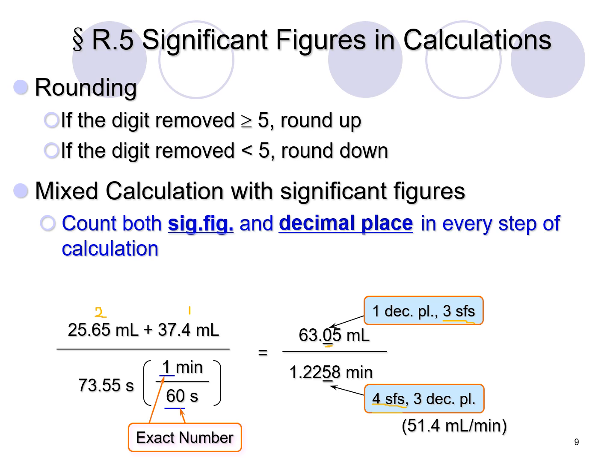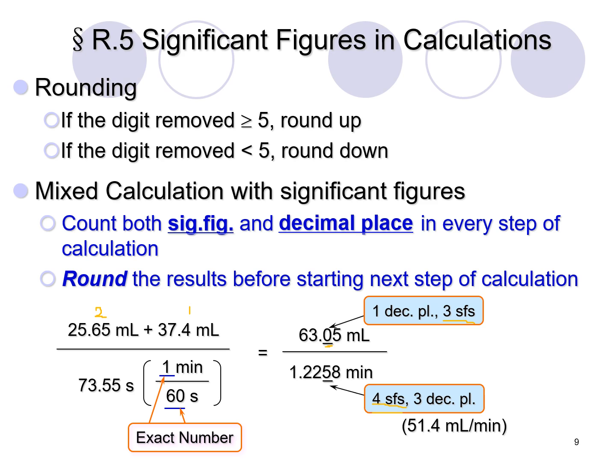The rule says we're going to keep one more digit. What I'm about to say here is, no, we don't. We round our result before starting our next step of calculation. Why? Because that makes our life much easier.